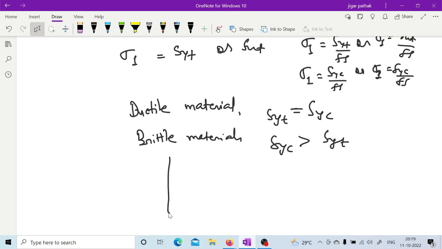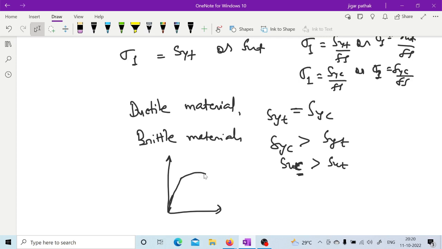So suppose if you consider a tension test for a brittle material, then it may be like this, right? What we can say is this strength, or yield, or in that case it will have only the ultimate strength. So the ultimate strength in compression will be greater than the ultimate strength under tension.